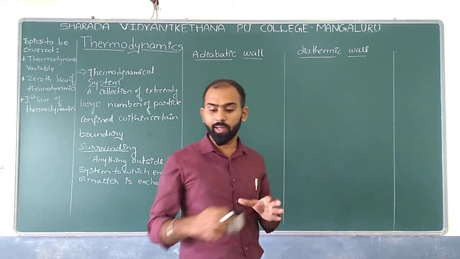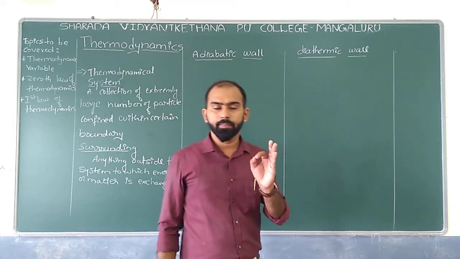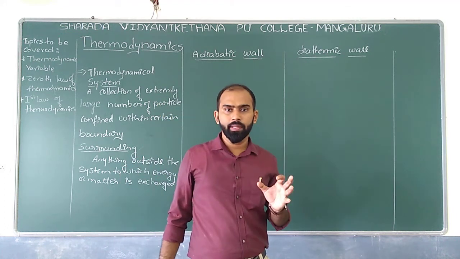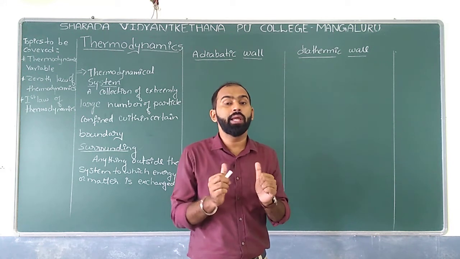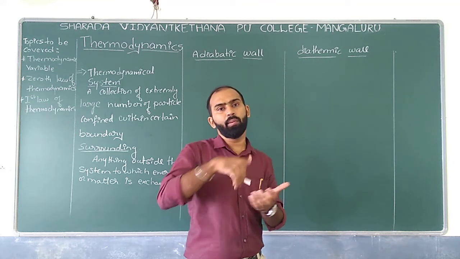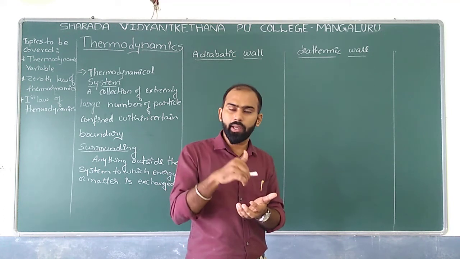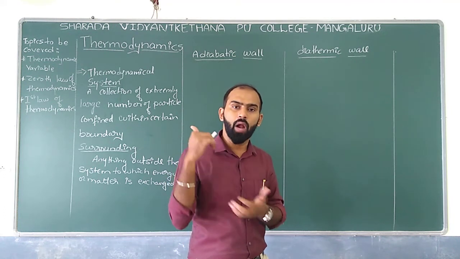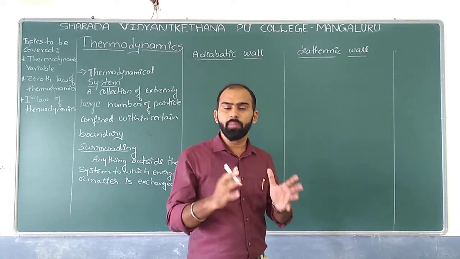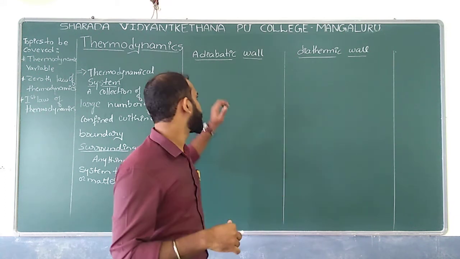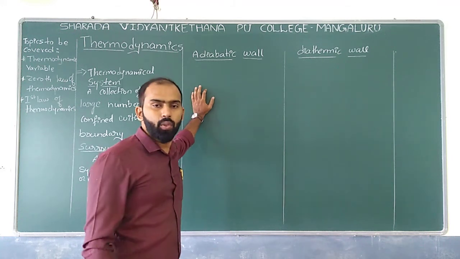So this is what we are supposed to remember: a system is a collection of extremely large number of particles confined within a certain boundary, and the boundary here is the cup. And surrounding is anything other than the system. That is one thing.